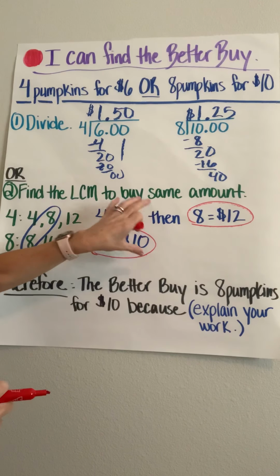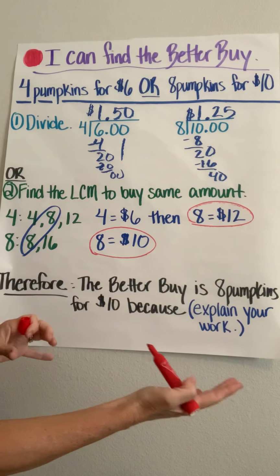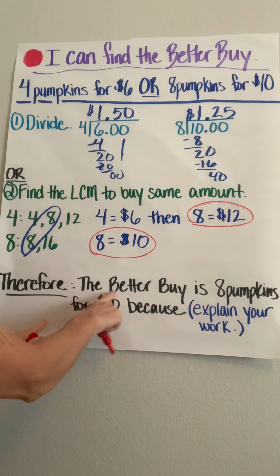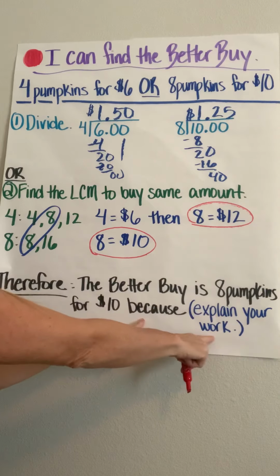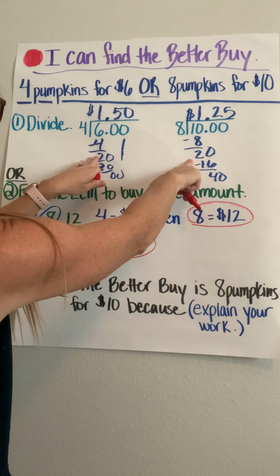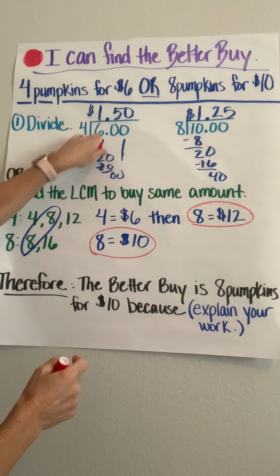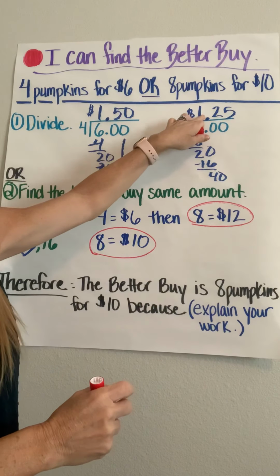So what you're going to be asked to do when it comes time for the test is two steps. One, you have to say what the better buy is. So the better buy is 8 pumpkins for $10 because, and then you have to explain your work. It depends on which one you chose. If you chose this, you would say because 4 for 6 is $1.50 per pumpkin and 8 for 10 is $1.25 per pumpkin.